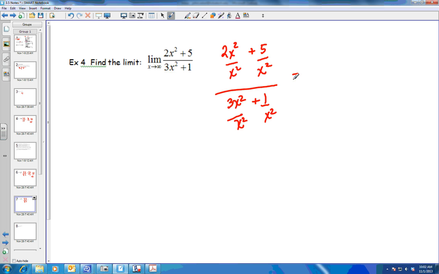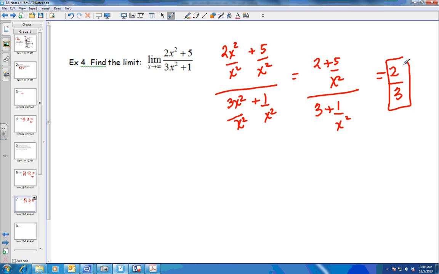Okay, and I'm going to simplify all this. So that's 2 plus 5 over x squared. That's 3 plus 1 over x squared. So do you see that the limit as x approaches infinity of this is just going to be 0? So I have 2 on top. This is going to be 0, so I have 3 on bottom. So 2/3 is the limit.